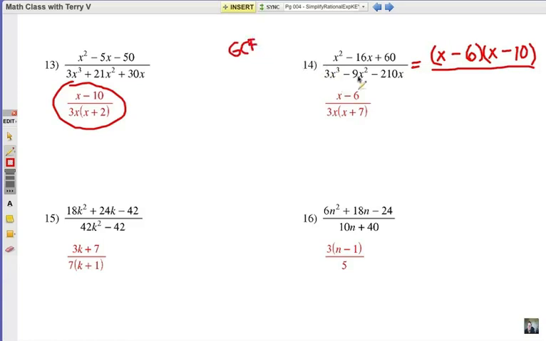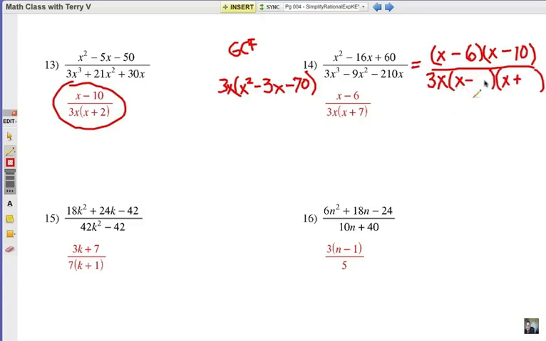I noticed that a 3 and an x can go into each part, so I'm going to do it off to the side here. That'll give me an x squared minus 3x minus 70. All right, it looks like a 7 and a 10 there. So how about a 3x?